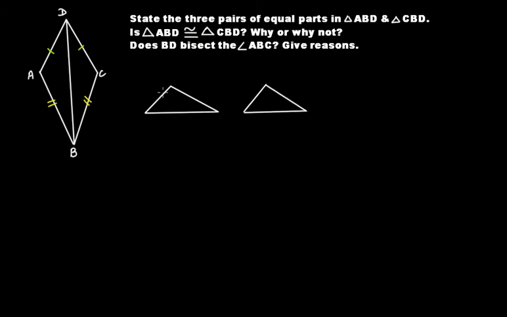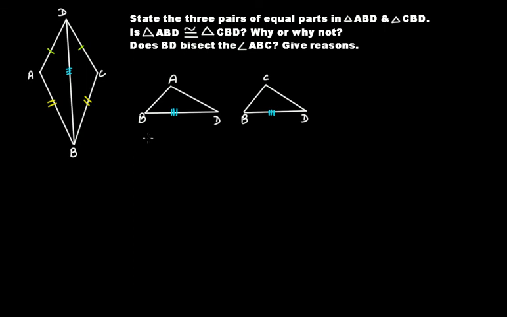So this is A, B, D, and this will be C, B, D. I've just separated these two triangles. My point is to show you that this side is actually common.